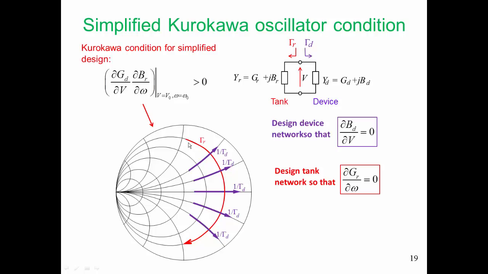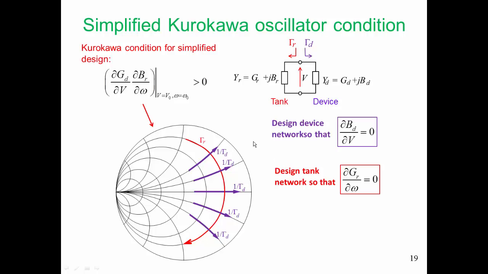And so GR will be as shown here. It will follow a line of constant conductance, because of course GR is independent of frequency. And so this is plotting gamma R with respect to frequency, and we are following a clockwise rotation on that line of constant conductance, because the conductance doesn't change with respect to frequency.